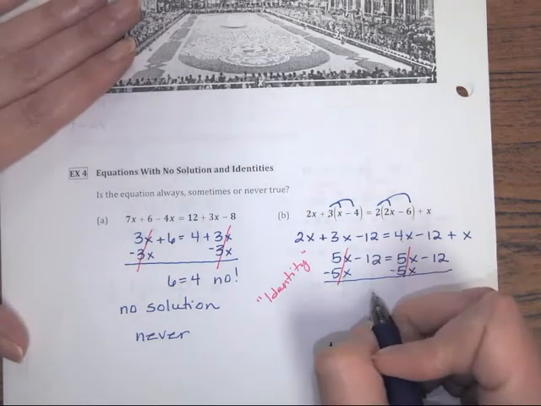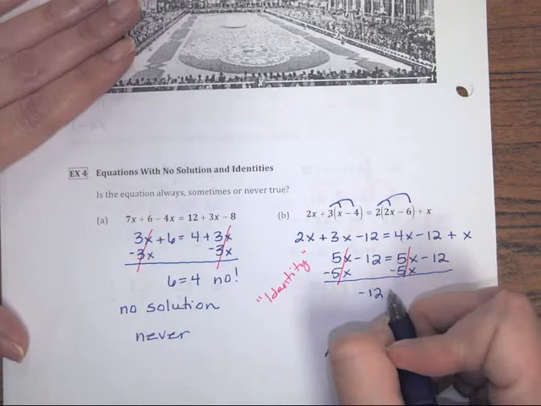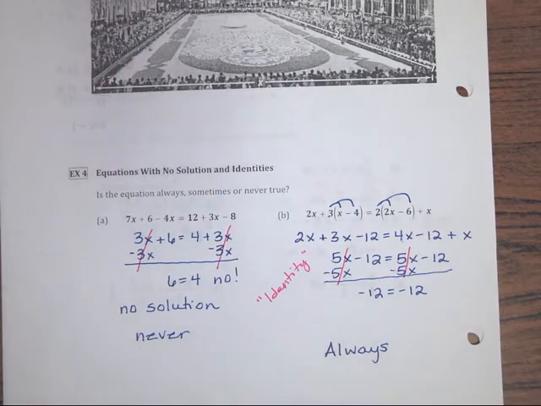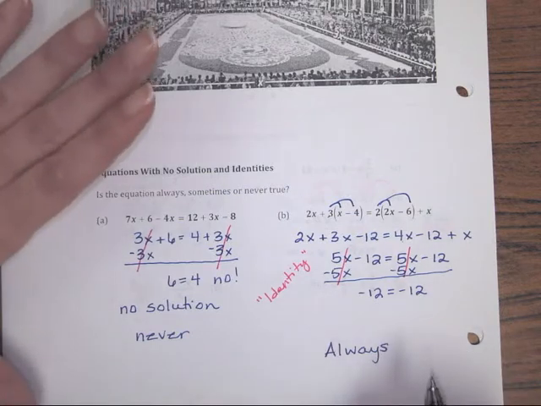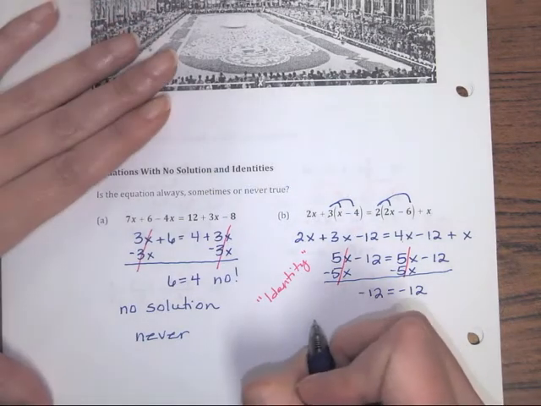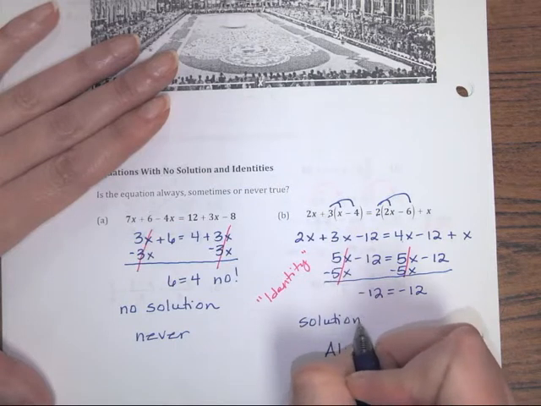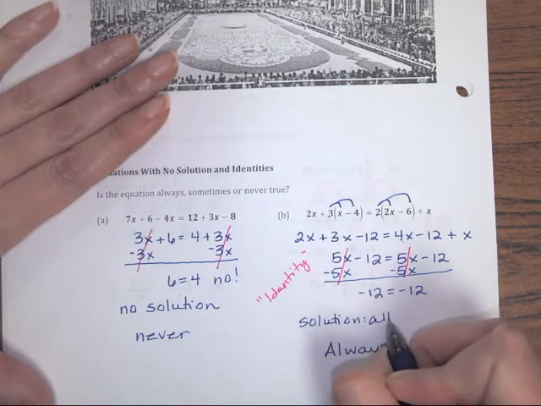Bring down your negative 12 equals negative 12. Now, is that the case? Does negative 12 equal negative 12? Yes, it does. So guess what? No matter what I put in here for x, this is going to work. And we say that our solution is all real numbers.